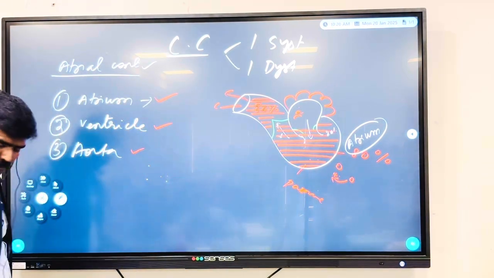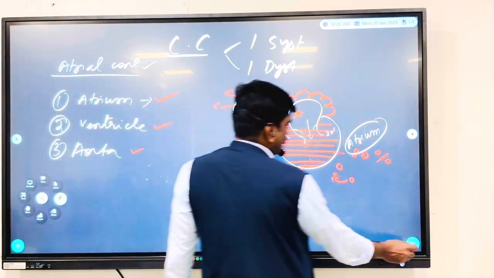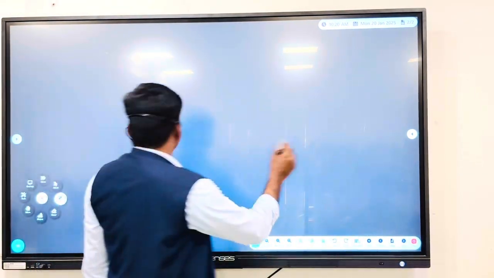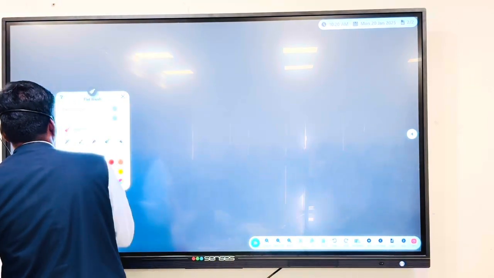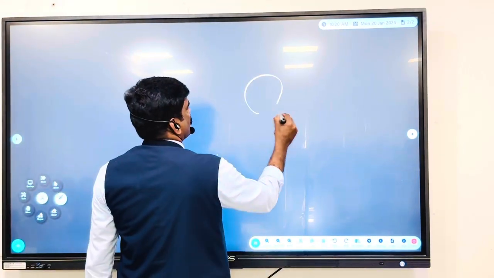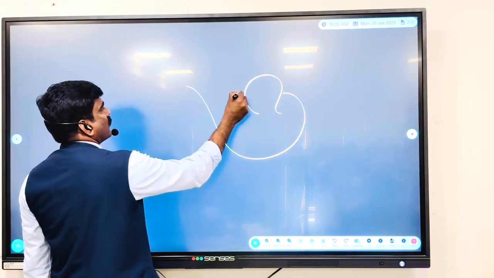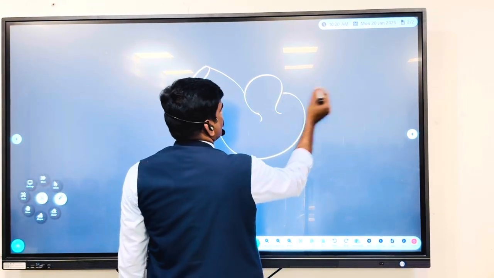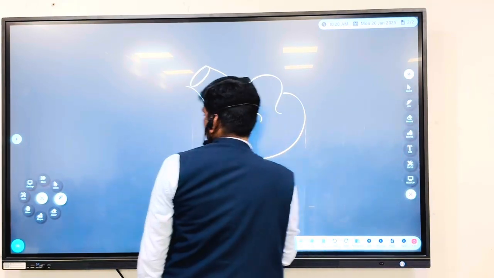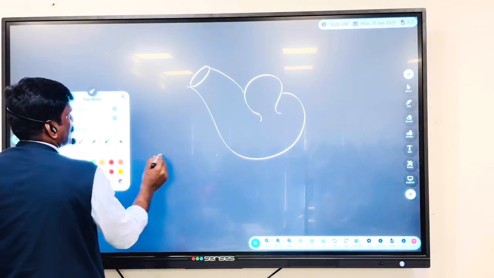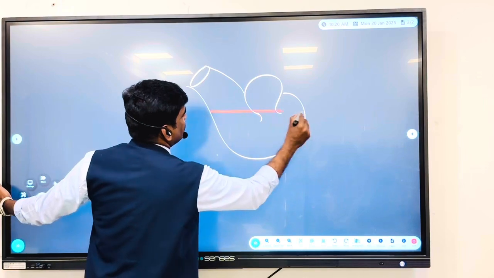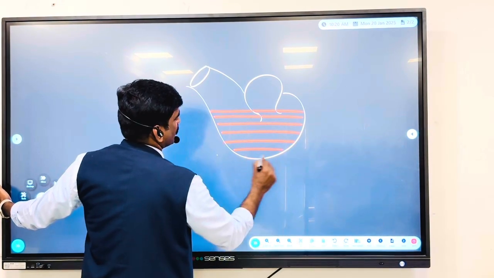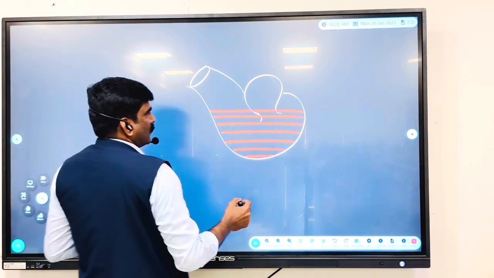And next phase. So what is happening next? Now the blood is completely filled, 100% blood is filled in the ventricle. Now what happens?